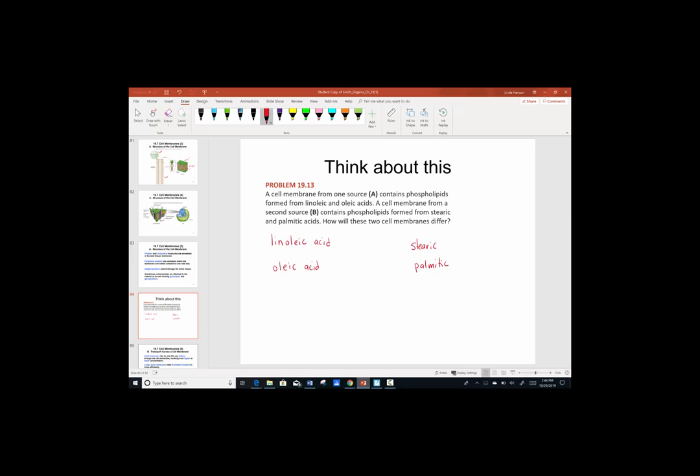What do stearic and palmitic acids have in common? I'll pull out my fatty acid chart and we'll look at that together. See if I can find one. Did you find yours yet? Mine is not close, darn it.